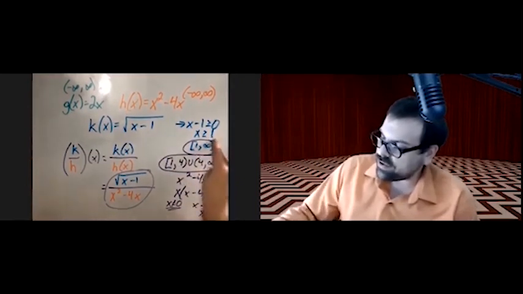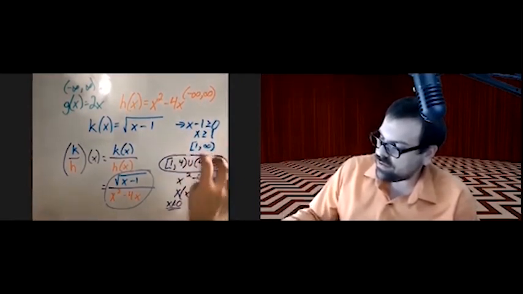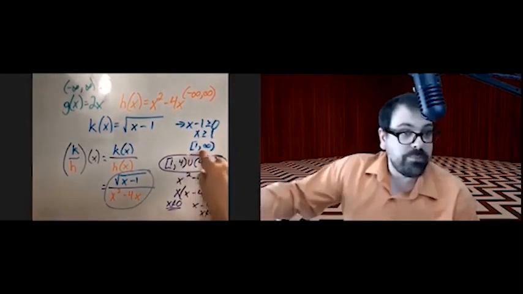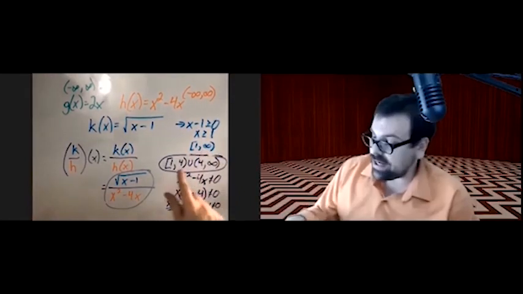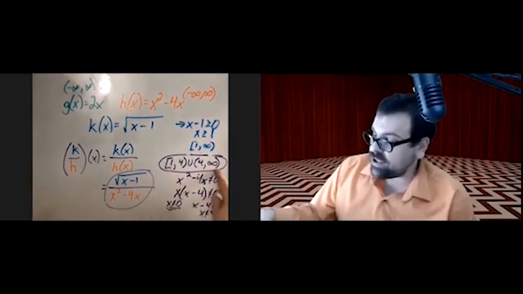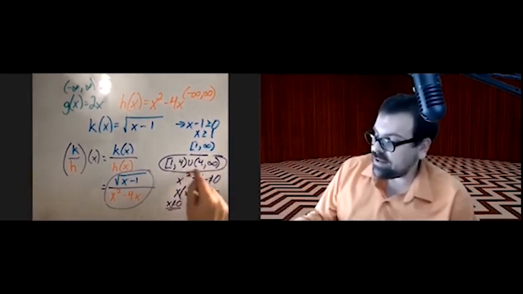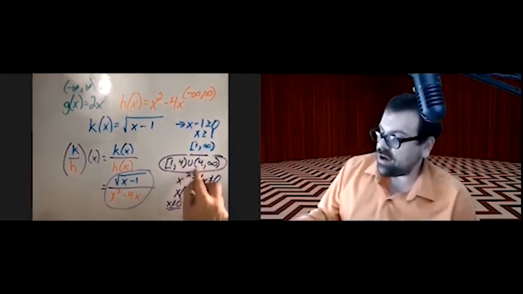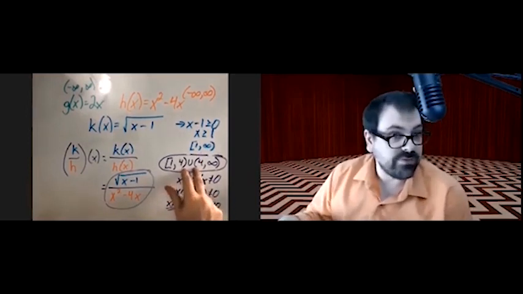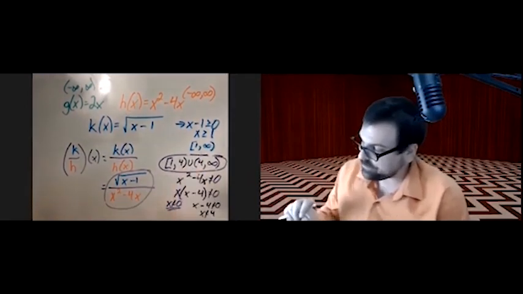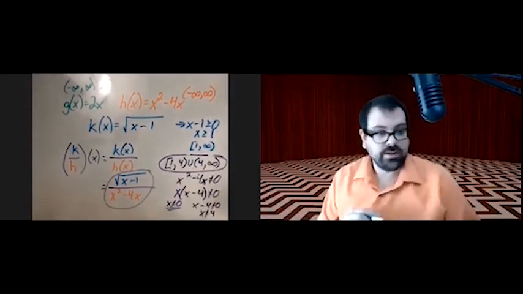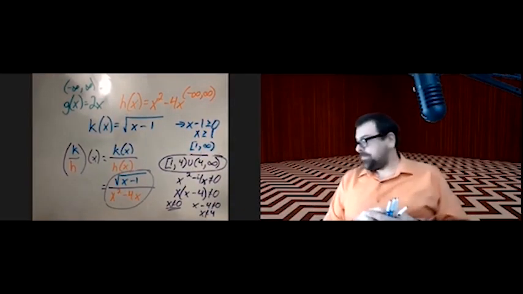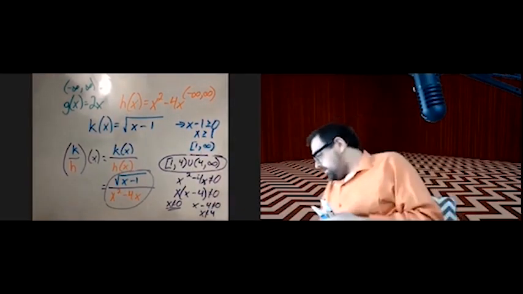So it's like I took this interval and I removed the number 4 so that it's still from 1 to infinity, but you can see this end and this start is specifically excluding the 4 value. So that would be the domain.